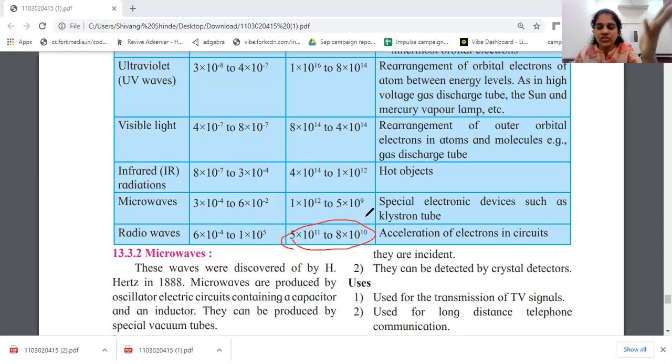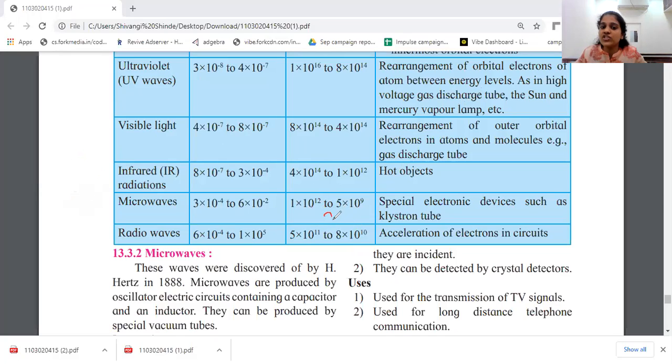But if I give you an MCQ with four different options, it's not necessary that you will see the exact same value. As I said, this 8 into 10 raised to 10 can also be written as 80 gigahertz. Then you should not think of it as some wrong option. That is the reason you should know what giga stands for, what mega stands for. You all should know all these things.